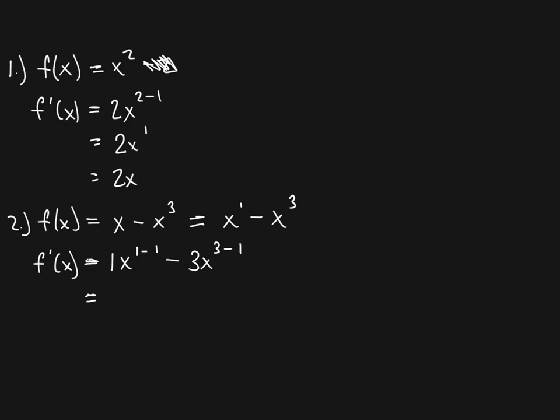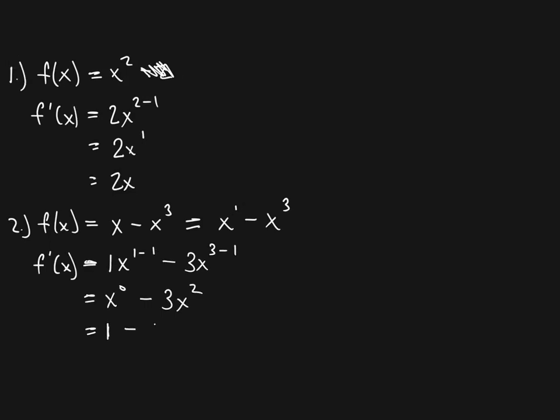So this is, of course, just x to the 0 minus 3x squared. x to the 0 is just 1, minus 3x squared. So that's the derivative for problem 2.